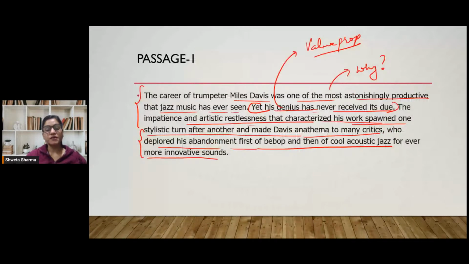Then we move to the questions ahead. Are we good to discuss?